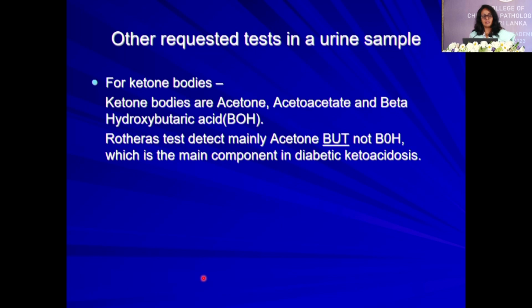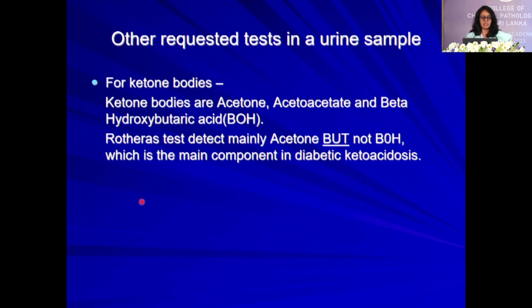When they start treatment for ketoacidosis, this beta hydroxybutyric acid is converted into acetone. So in the first sample you may get a less positive Rothera's test.